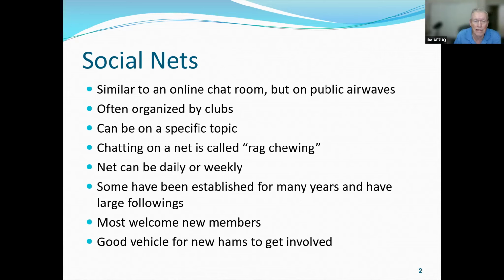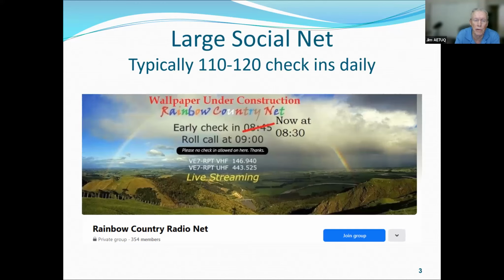An example of a long-standing big social net is one that's called the Rainbow Country Net. This operates out of the Lower Mainland in BC, Canada. Typically, they get 110 to 120 check-ins every day. They've got their own website.